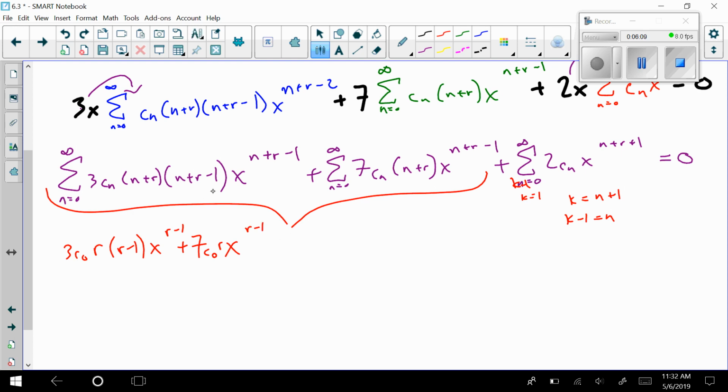Now these all have the same x power, and they have the same index because it's now bumped up to n equals 1.